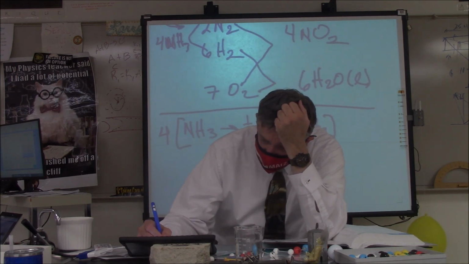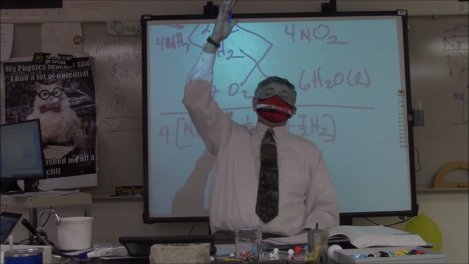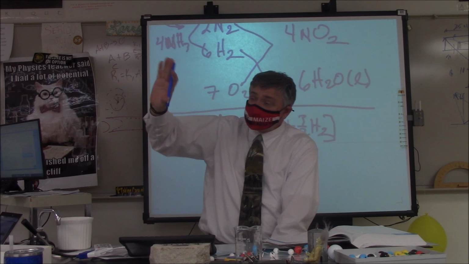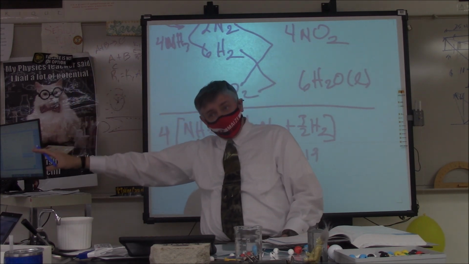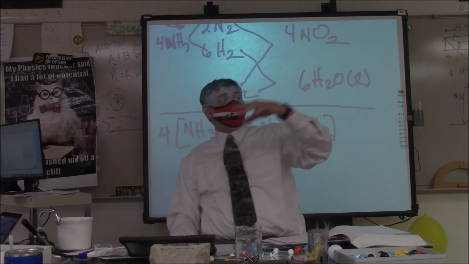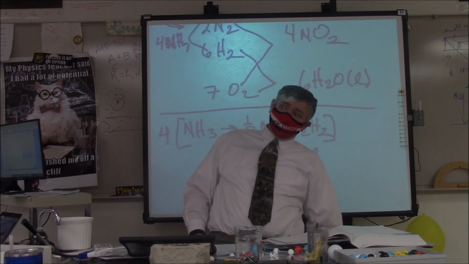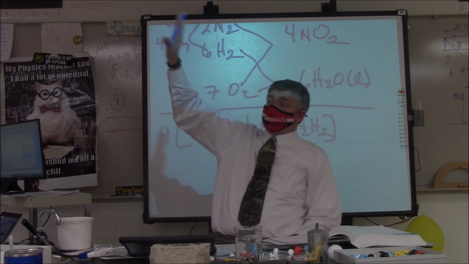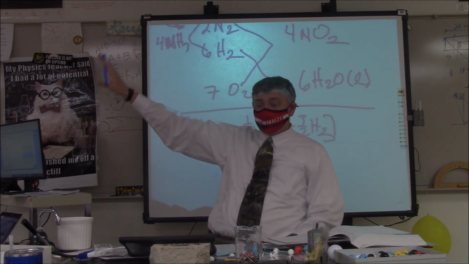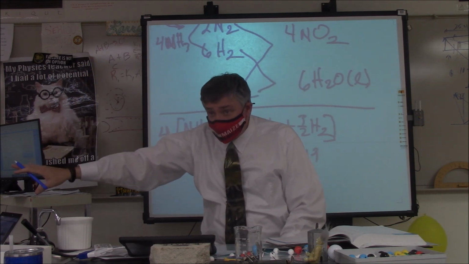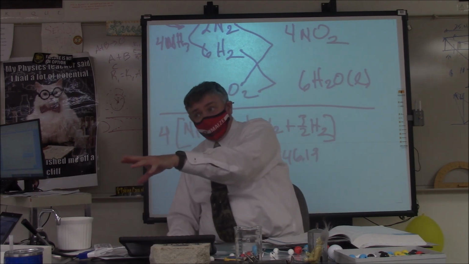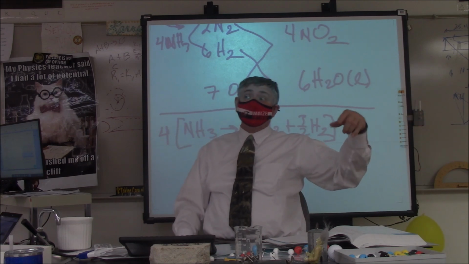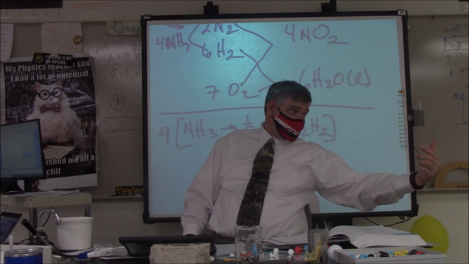That's negative 46.19 as the enthalpy of formation. What's it going to be as the decomposition of ammonia? Positive, because we're going to reverse this thing. So if I make ammonia from nitrogen and hydrogen, it's an exothermic reaction. But if I take ammonia and I decompose it into nitrogen and hydrogen, then it becomes an endothermic reaction.